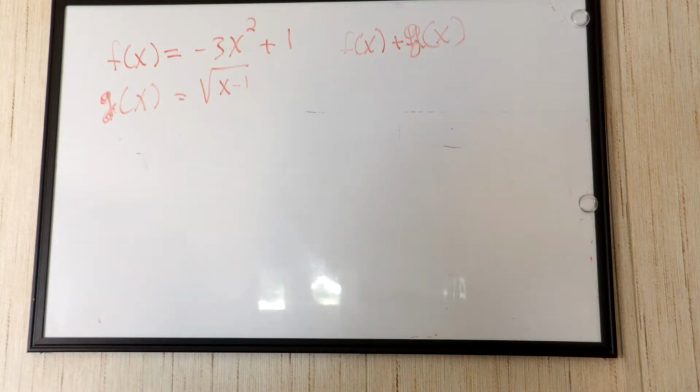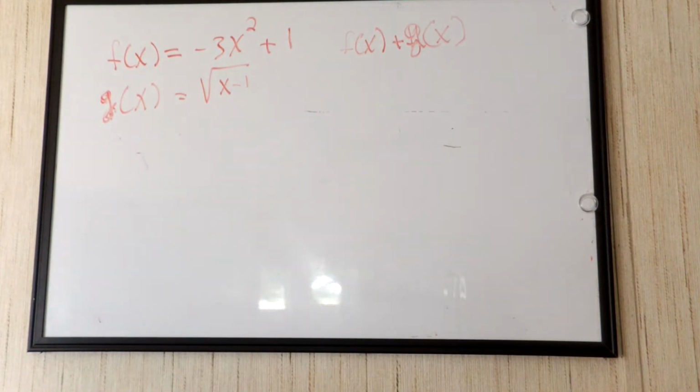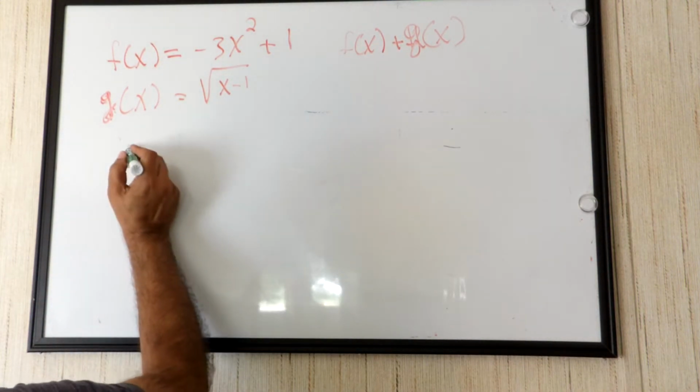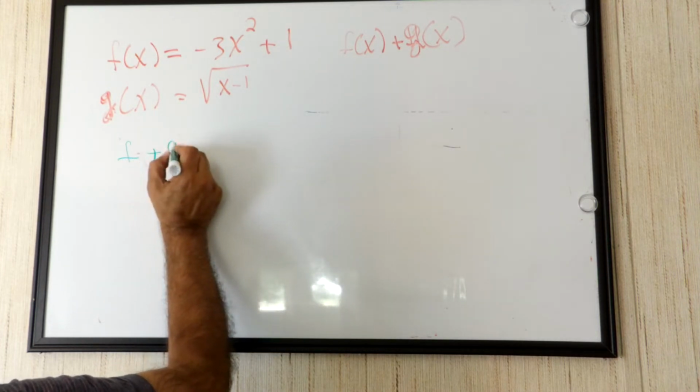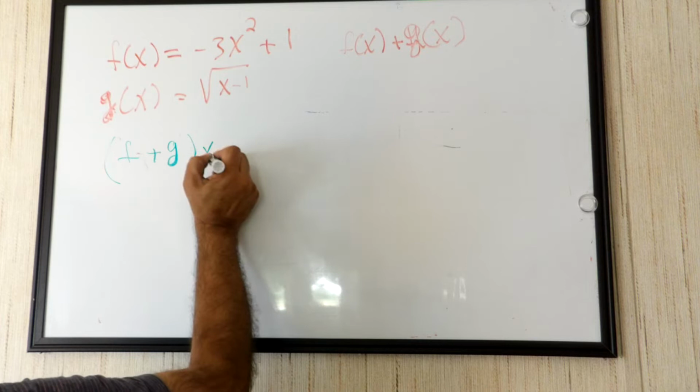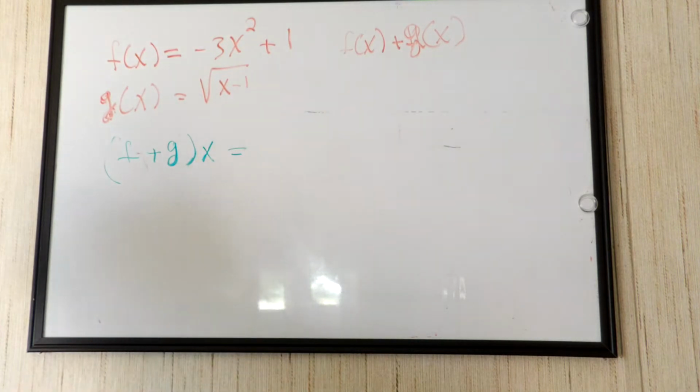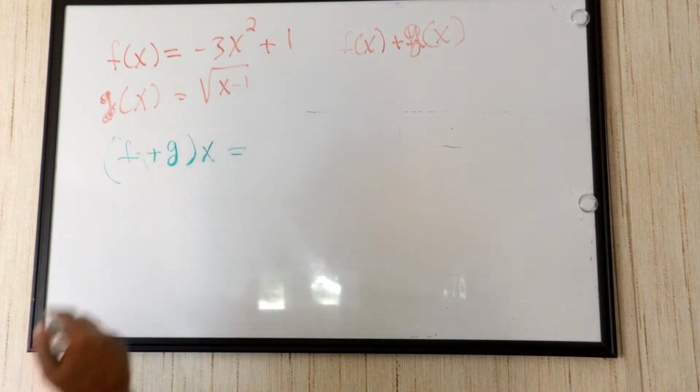So we write it this way. We are doing the calculation of f plus g of x. What does it mean? It means that we have these two, just add them up.